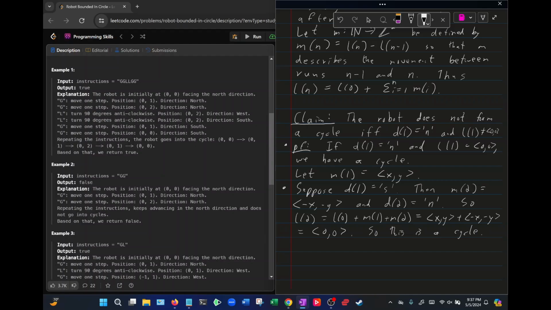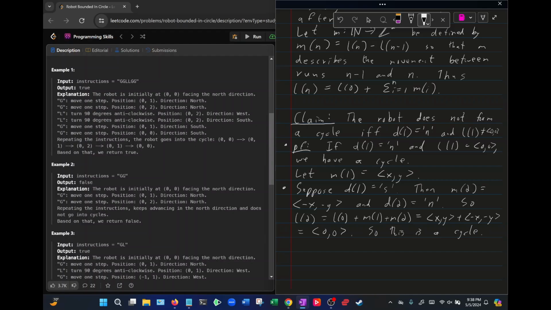What we really care about is going from iteration 0 to iteration 2, so the very beginning until going through the instructions twice. In that time, the robot goes through a finite number of spaces, and it started facing north and it ended facing north at the origin. And so the next time it goes through, it will go over the same steps.